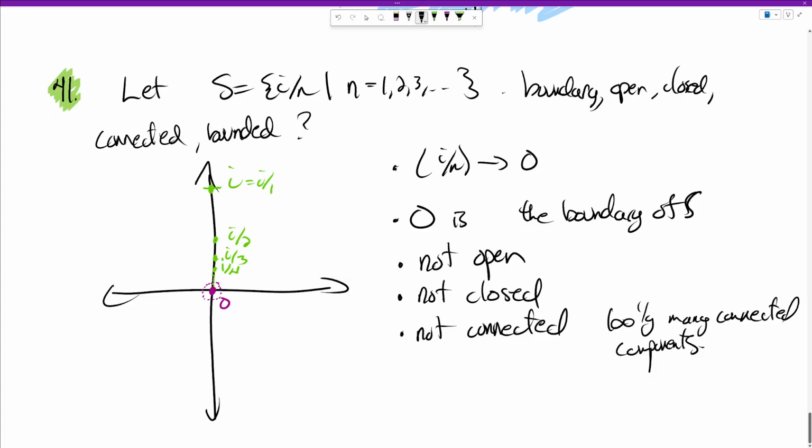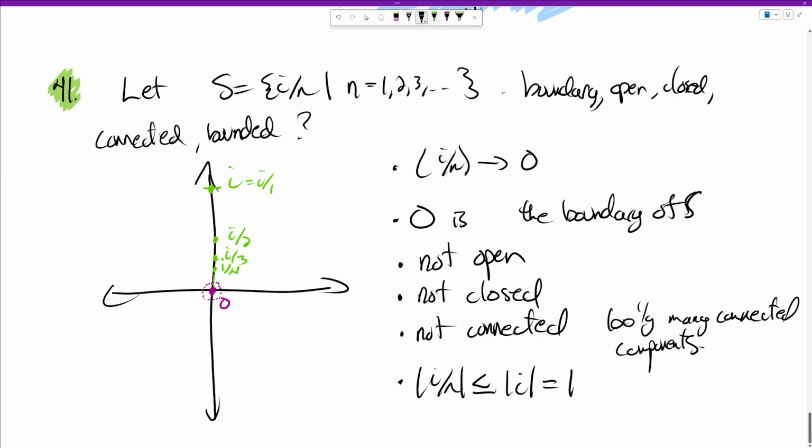Is it bounded? Well, every element of S has modulus less than or equal to the modulus of i, because we're just dividing whatever the modulus of i is by n, so I can say that it's certainly less than or equal to the modulus of i.